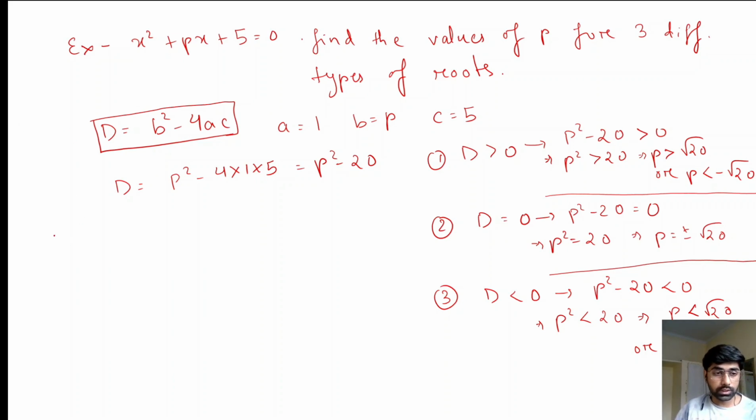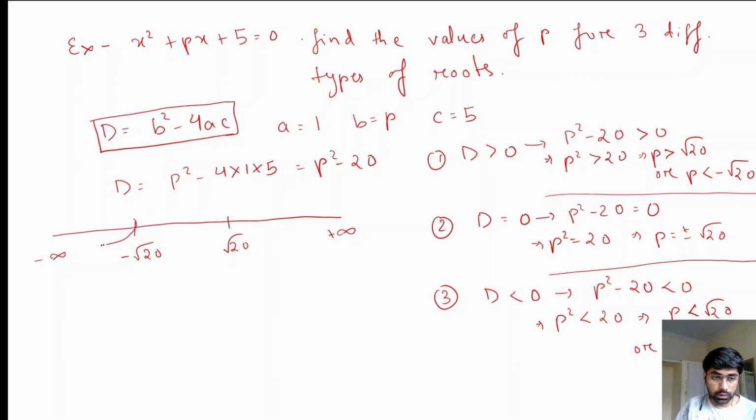If we visualize this with a real number line, then we have to divide it into three different parts: minus infinity to minus root 20, minus root 20 to root 20, and root 20 to plus infinity. So the first case is p greater than root 20 or p less than minus root 20.